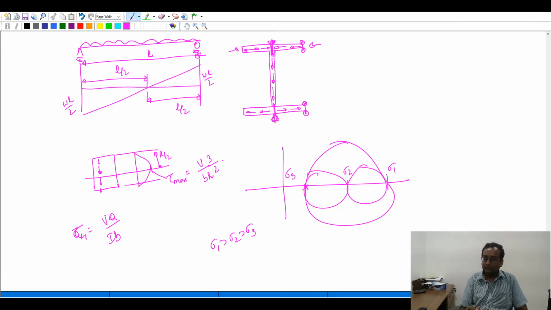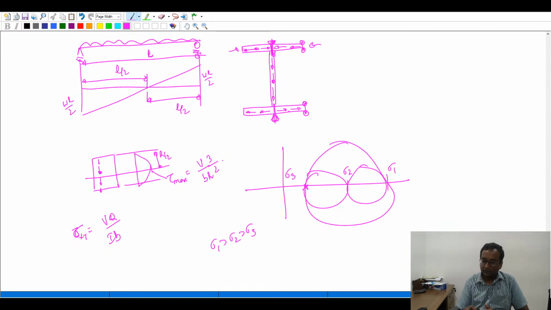What this represents is an ellipsoid in a three-dimensional representation. Okay, there are six components, and how the six components vary so that it represents the same stress state is given by the ellipsoid of stress. How you construct that is beyond the scope of this lecture or this course in particular.